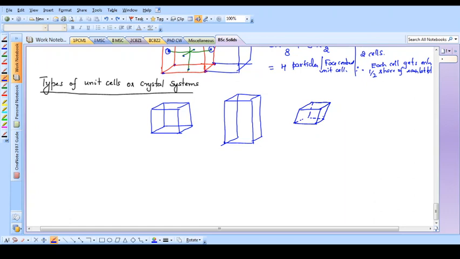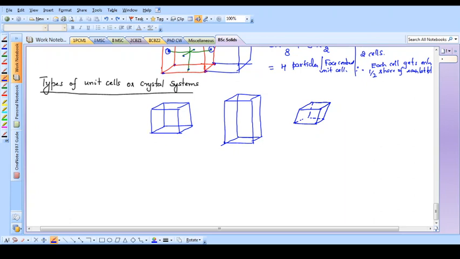Now, if you take any of these three-dimensional objects, you can characterize these objects in terms of 6 parameters. Okay, before that, let me consider this cube again. You can take any other example. I will take the simple example of a cube.